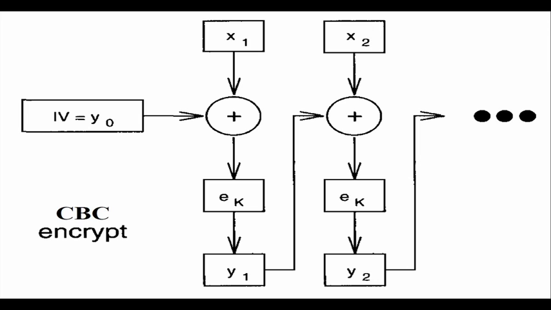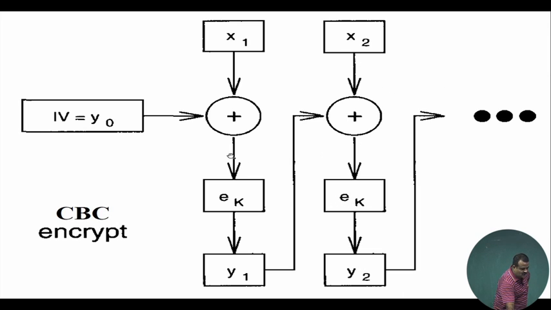Yeah. So, this is the CBC modes of operation encryption. So, we have the plain text blocks x1, x2 like this. So, this is the starting vector or the initialization vector. We just XOR with this and then we encrypt using the key shared between Alice and Bob, and then we get the y1. Then this y1 we are taking the feedback to this, and then we XOR with this x2 and encrypt using the same key and we get y2 like this.